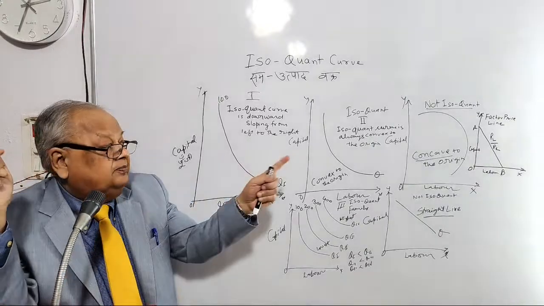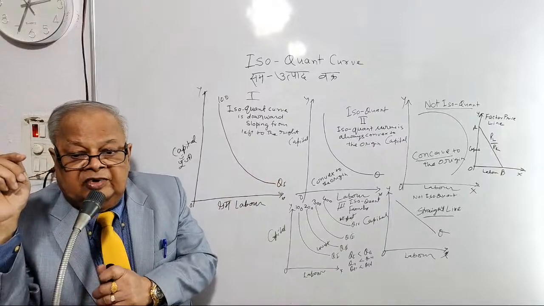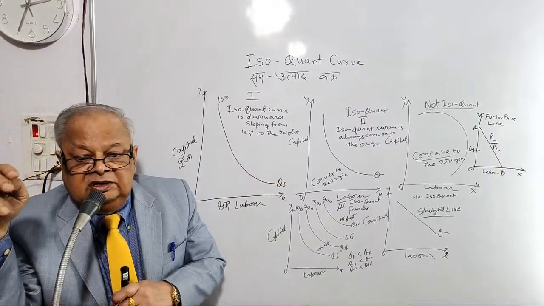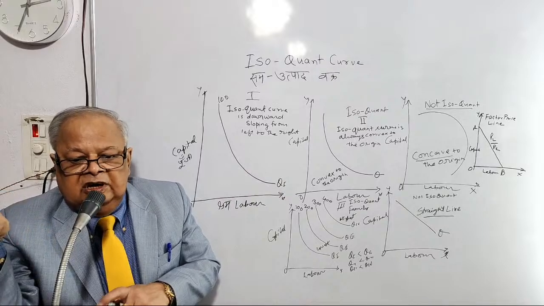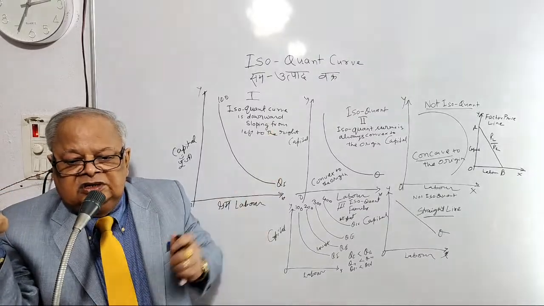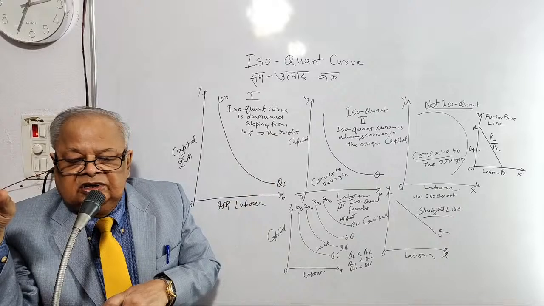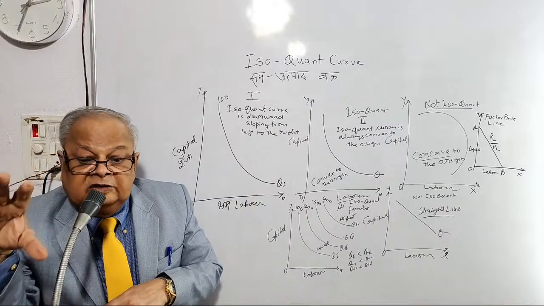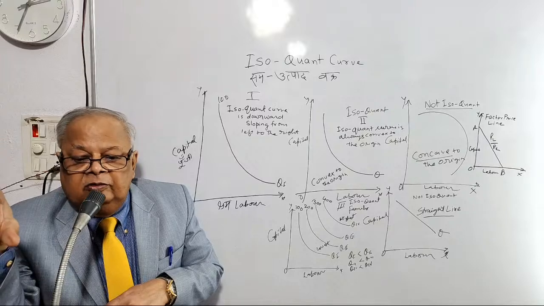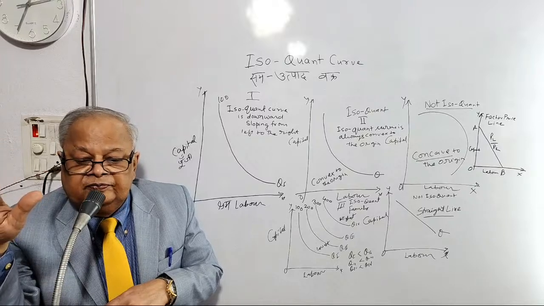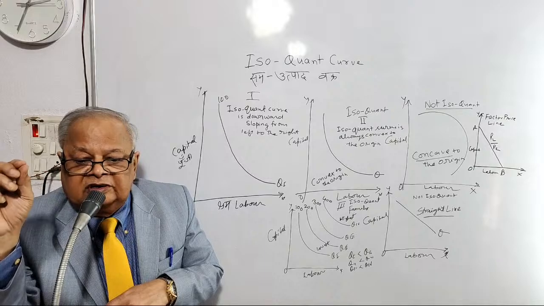See in the diagram. Factor price line touches the OX axis at the bottom side and the OY axis on the upper side. Therefore, factor price line will always be a straight line. This is the most important factor.